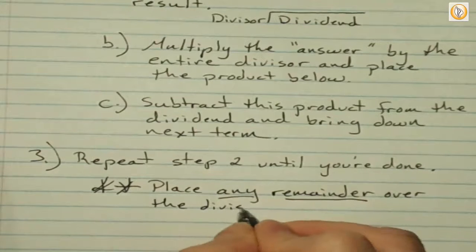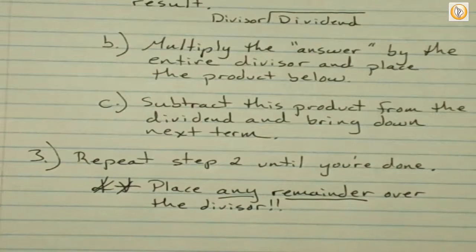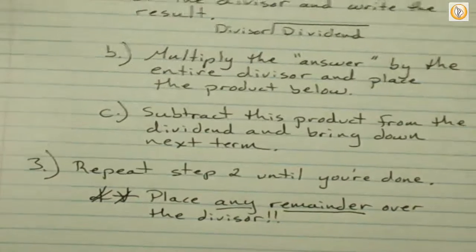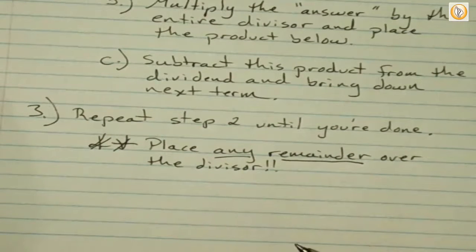And I'm going to explain how that works too. And the good thing about this long division of polynomials is you're not having to add a decimal and add zeros and all that stuff. There's not going to be decimals in the divisor that you have to move over and all that stuff. So that's the good thing about that. So you're going to place any remainder over the divisor.